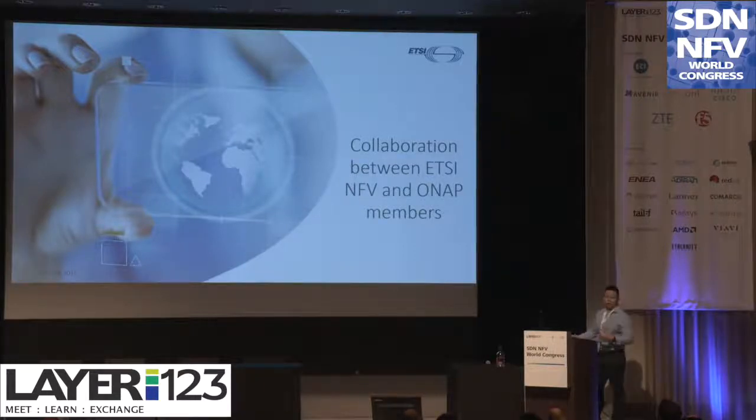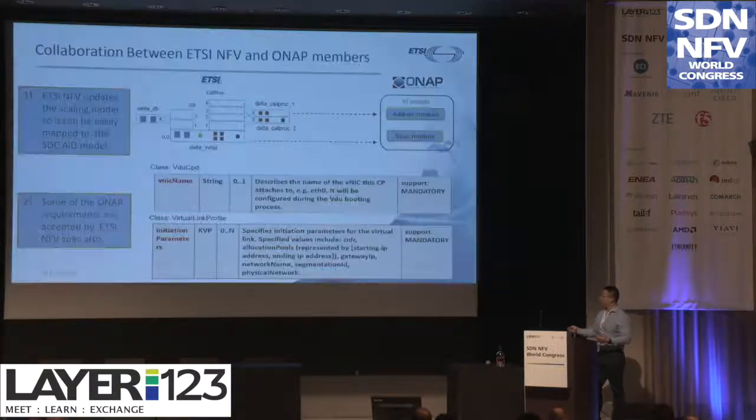Secondly, we're talking more about the cooperation and some activities that the member companies have made: how we first introduced some of our spec into ONAP, and how ONAP influenced our spec.